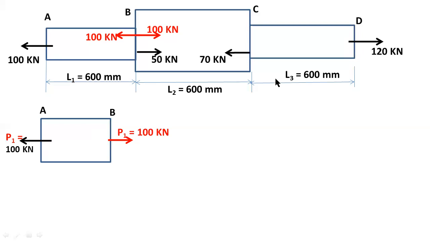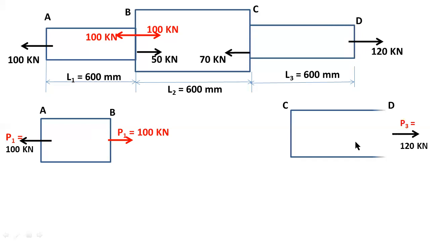Now I am considering this section CD as the third section. Here at end D, the load is 120 kilonewtons. I consider this 120 kilonewtons as the P3 load.